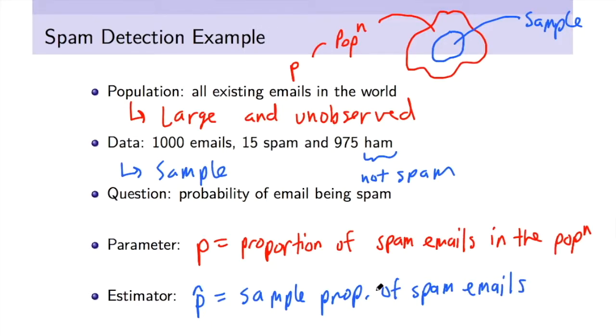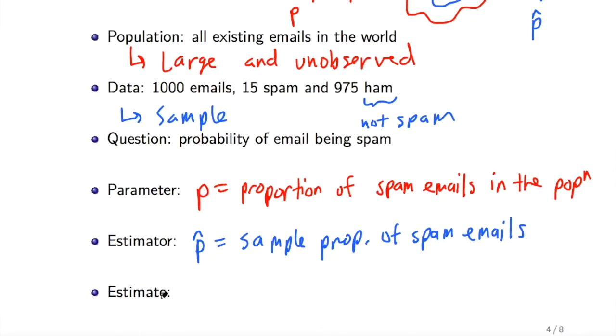That means in our sample, we check how many spam emails we have, and we take that number and divide by the total number of emails. That would be P hat, and this estimator would be definitely informative of the population parameter P, which is the probability of getting a spam email.